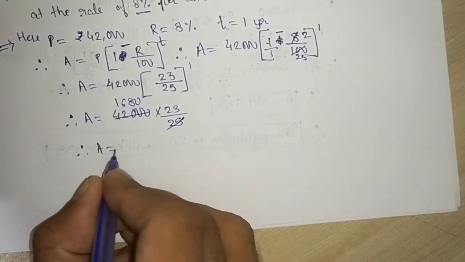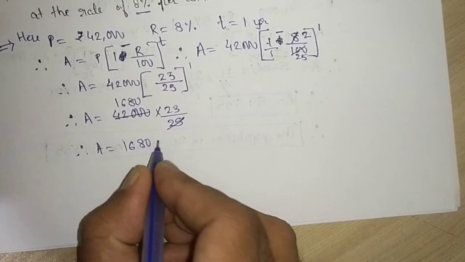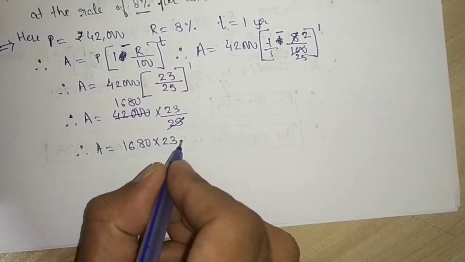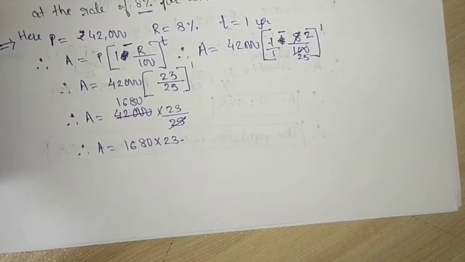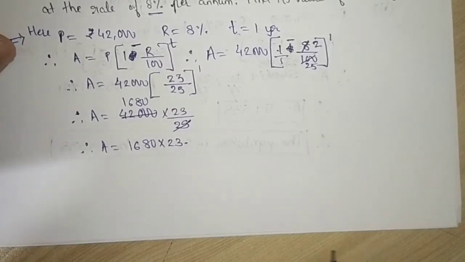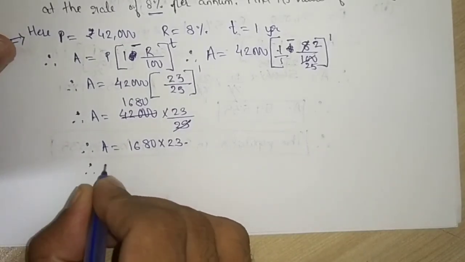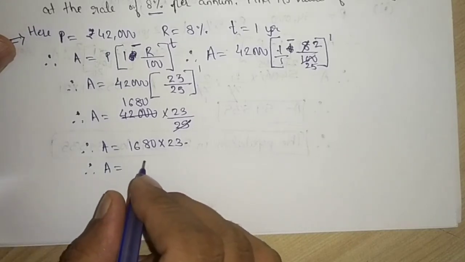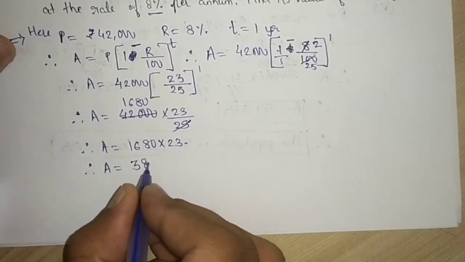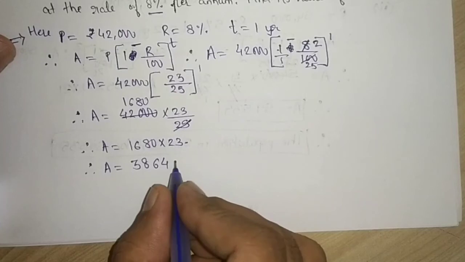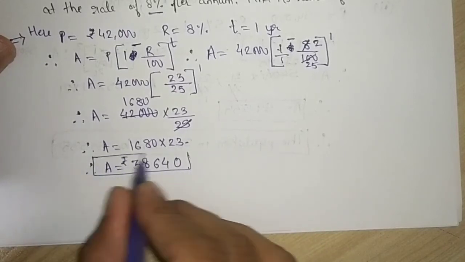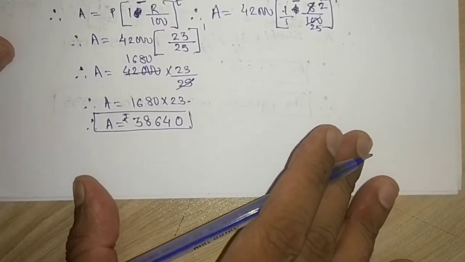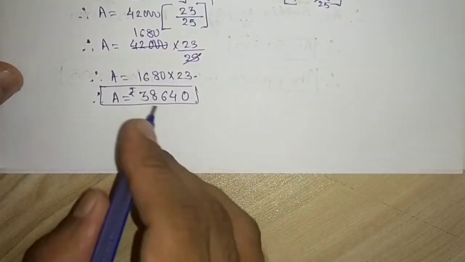Therefore, amount is equal to 1,680 into 23, which you are supposed to multiply. When you multiply, you will get A is equal to 38,640 rupees. So what will be the price at the end of 1 year?